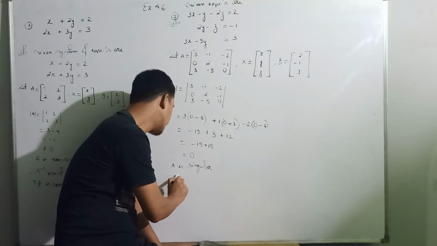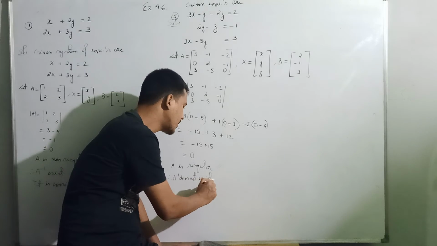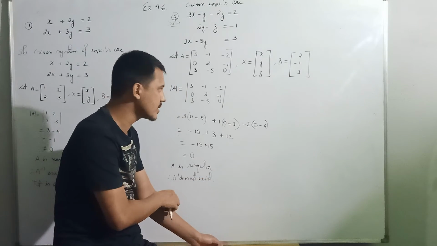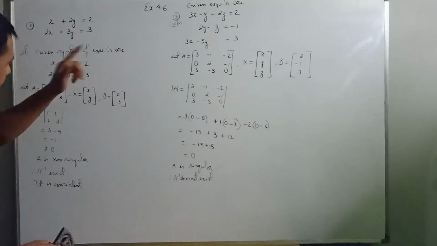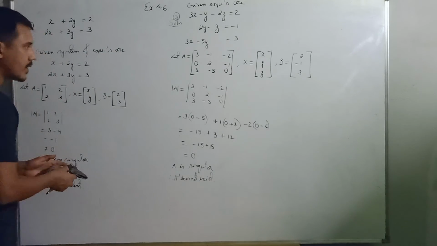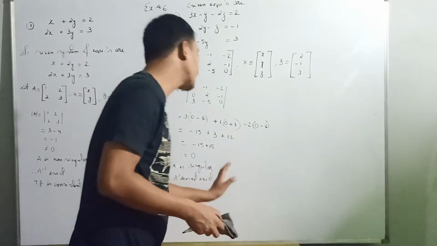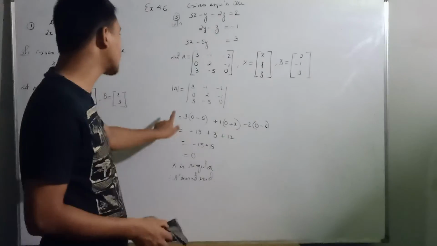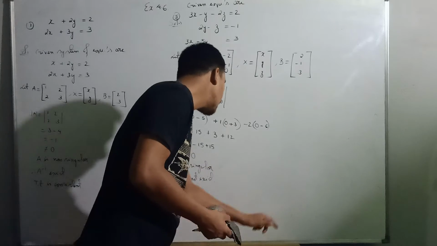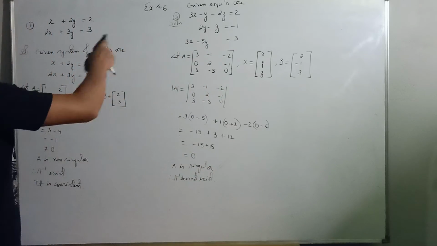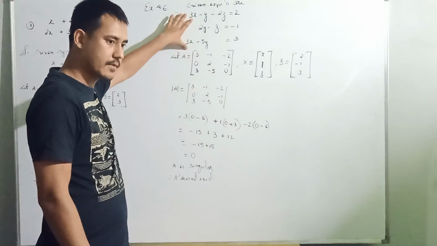It means A is singular. Therefore, A inverse does not exist. But we cannot say whether it is consistent or inconsistent. We need to find out the adjoint of A and multiply with B. If determinant of A is 0 and the product of adjoint of A and B is non-zero, then no solution can be obtained, so this will be inconsistent.